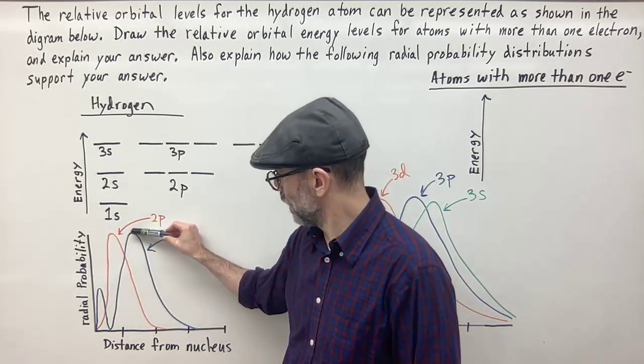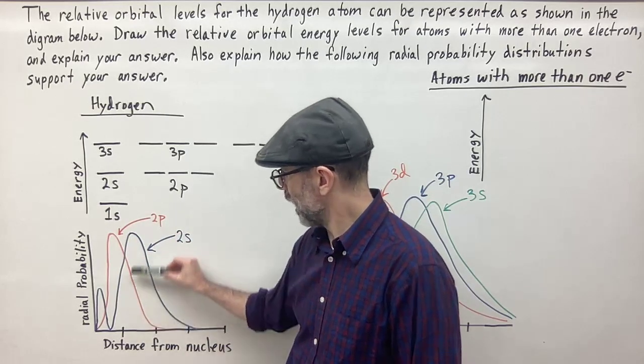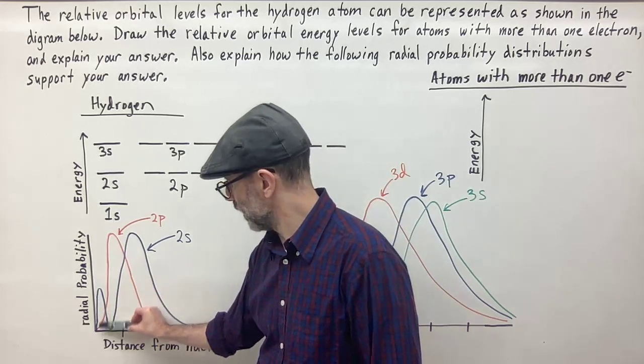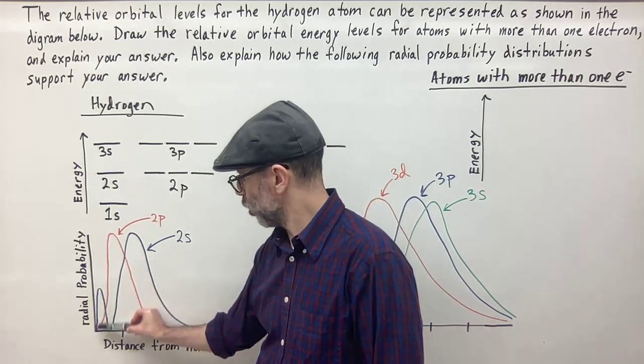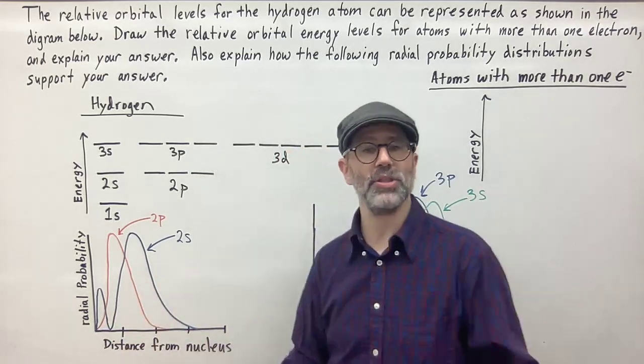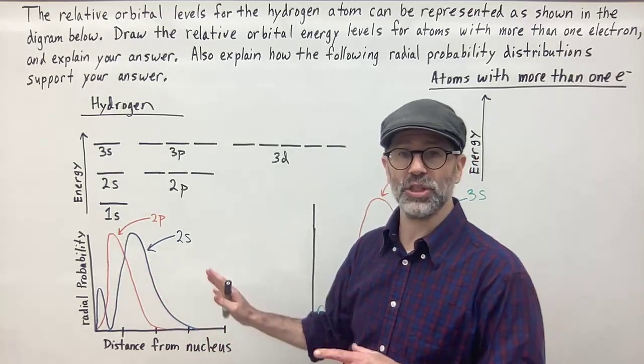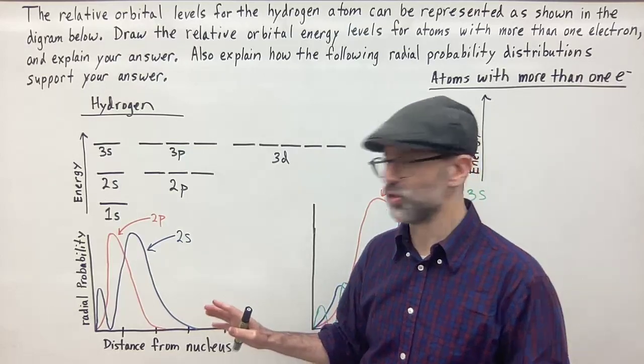So you have a peak here. This has the highest probability, but then you have a high probability of finding the electron here closer to the nucleus, right? So I'm just explaining how you would read this sort of radial probability distribution map.